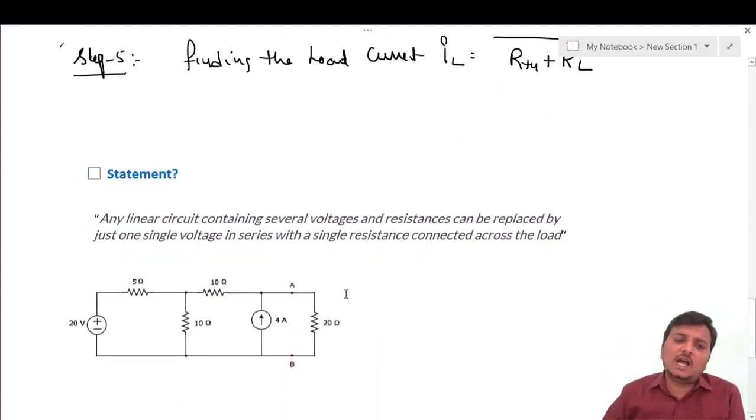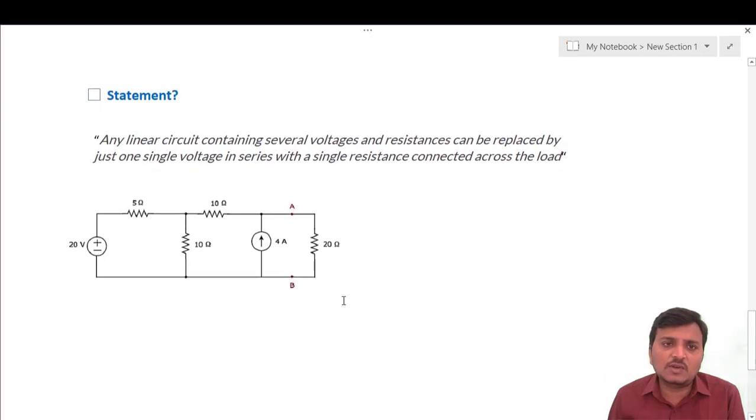Now after understanding how to apply Thevenin's theorem, we'll come back to the statement. Thevenin's theorem states that any linear circuit, as we know the different linear elements, containing different sources and several resistances can be replaced with a single source in series with a single resistance connected across the load.